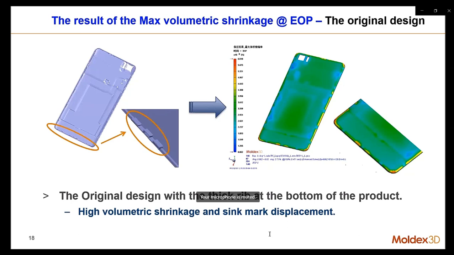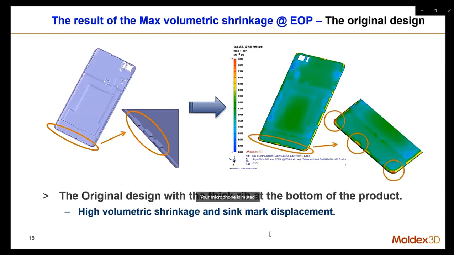So we have a clip here, but this geometry design is not great for the injection molding process because the thickness there is too thick, and we really get bad surface quality in our trial molding. And when we do the simulation in Moldex3D, we also get the same situation in our result.